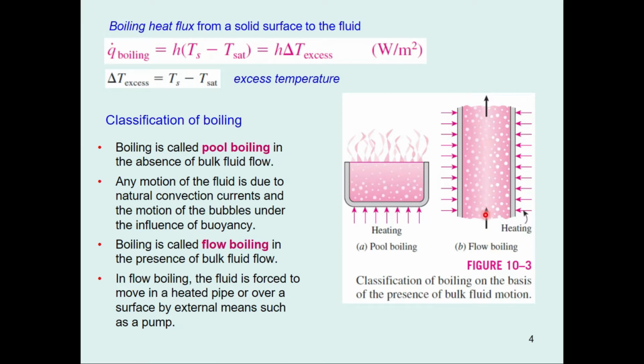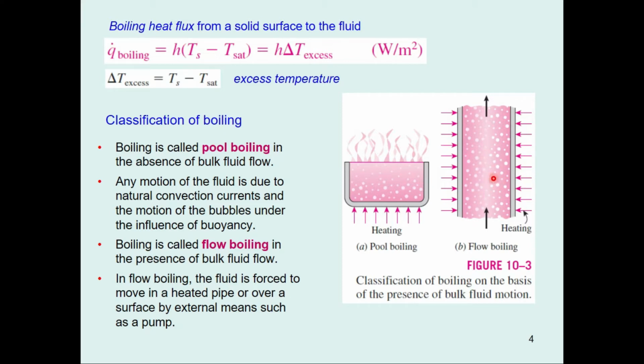So if the fluid is moving in this pipe, and this bulk motion is because of the pump that we have added over here, and we are also providing heat to this pipe, there may be some boiling process inside this tube, and this kind of boiling is known as flow boiling.